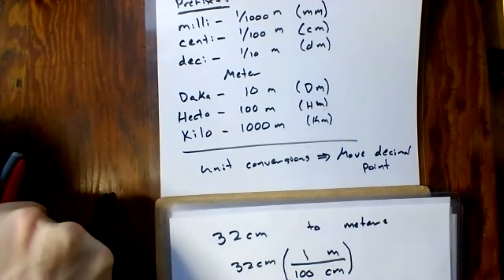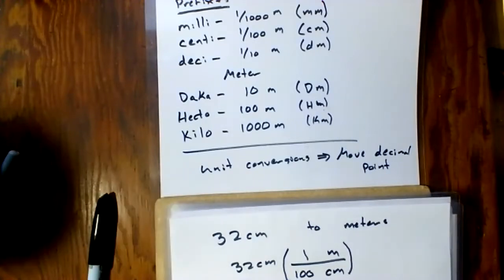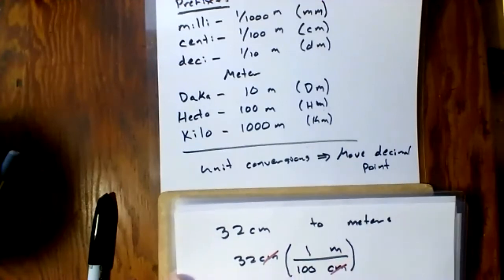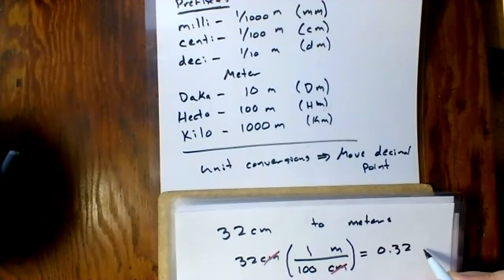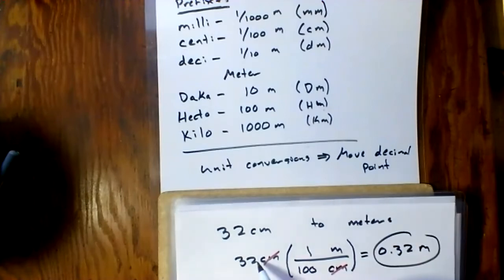And as with any of these, I could cancel my units here, and then 32 divided by 100 is 0.32 meters. I'm just moving that decimal place two places to the left.